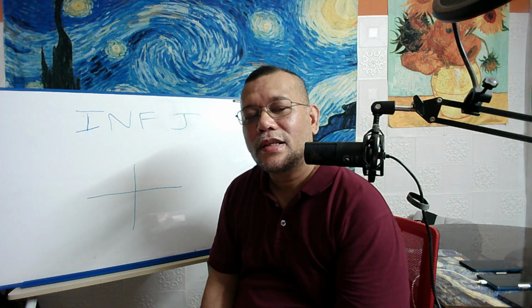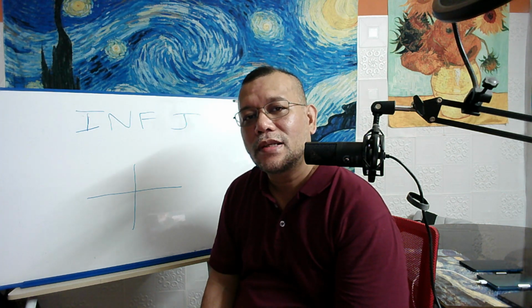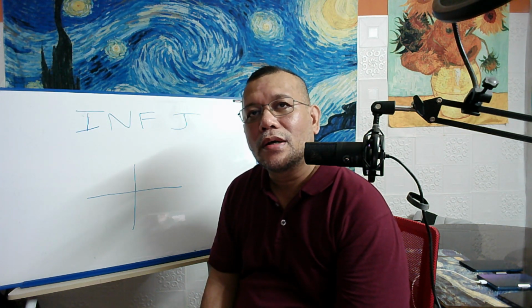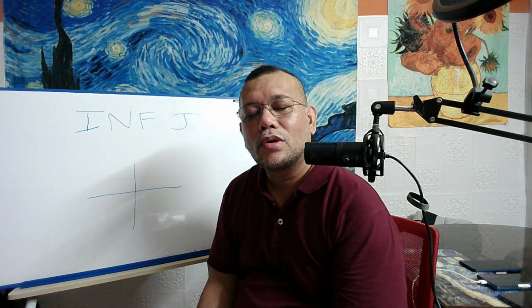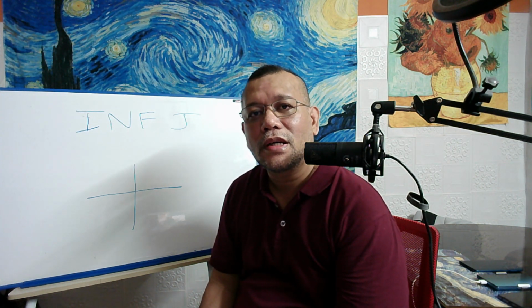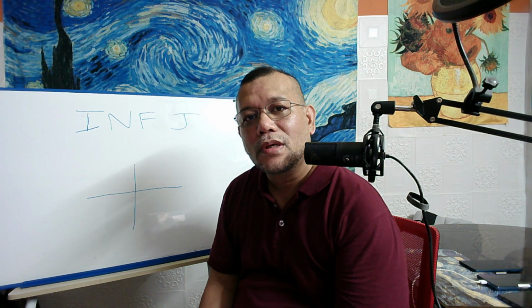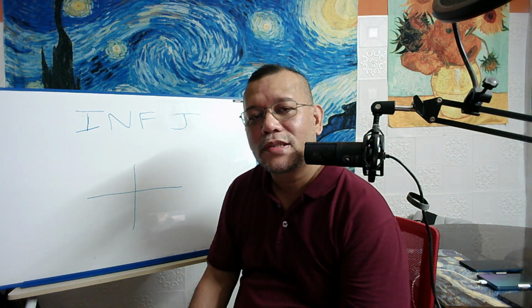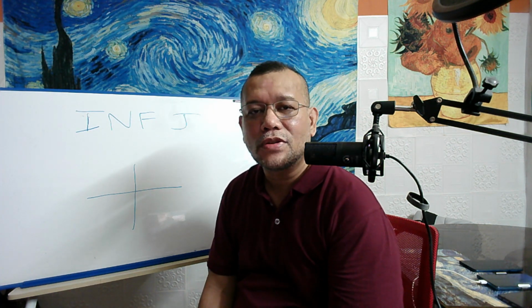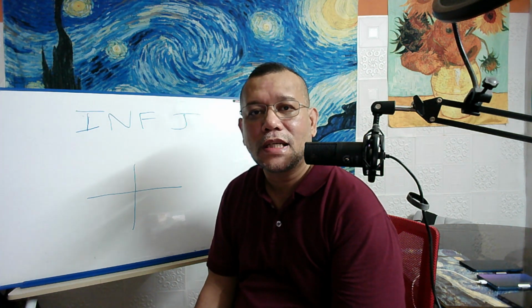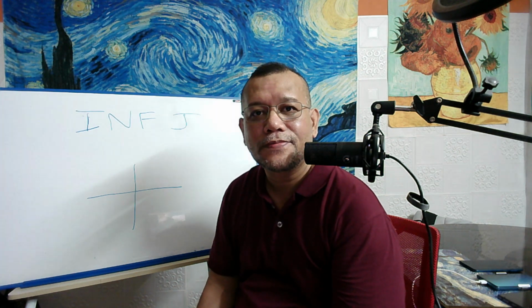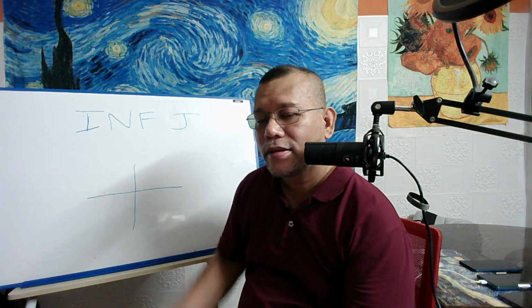Over here, introverted defines whether the person is looking more within himself or herself, or whether the person is more focused towards his or her environment. If the person is more focused towards the outside world, then that person will be extroverted. And if the person looks more within himself or herself, then that would be introverted. So that's the I.